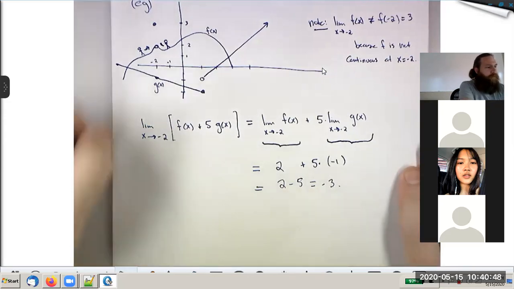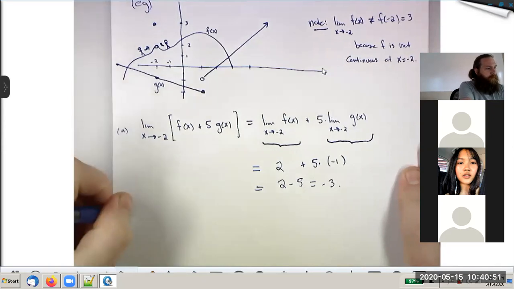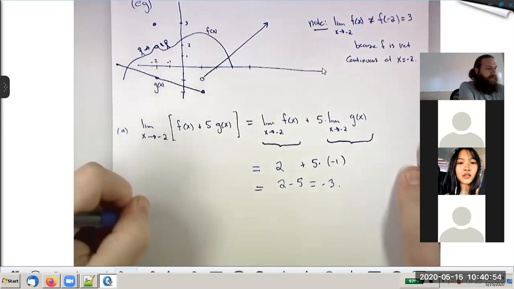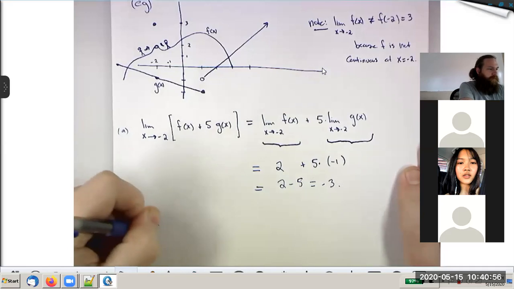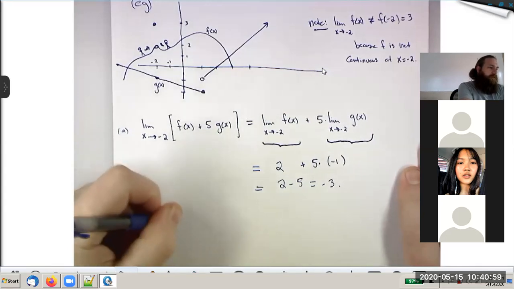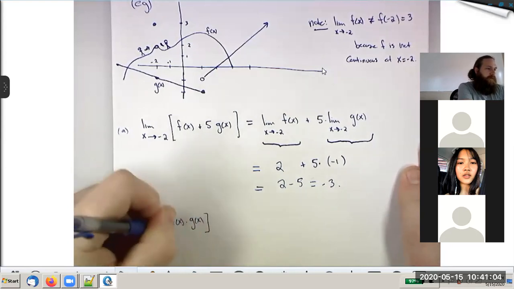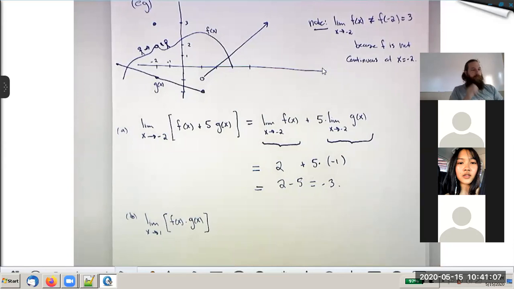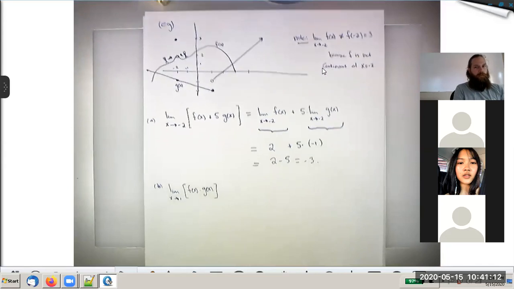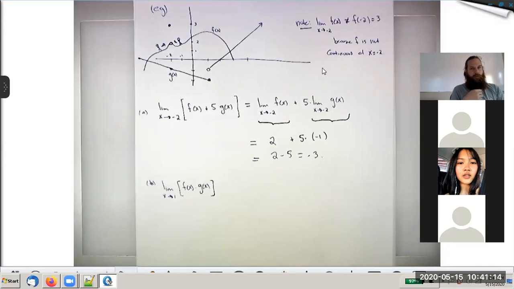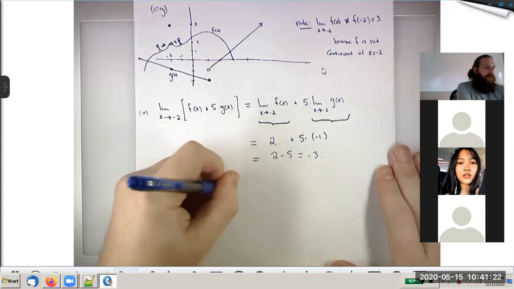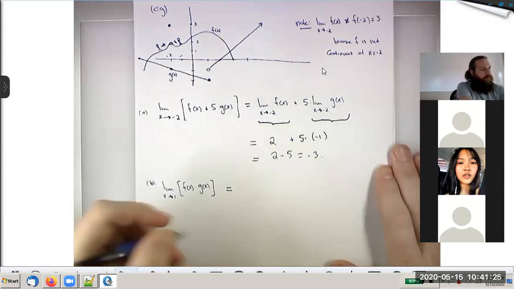So let's look at one more. Let's call this part A, and we'll have a part B down here. And I look at the limit as x approaches 1 of f of x times g of x. My first step is going to be just like we did up here to split the thing up. I don't know what the graph of f times g looks like, but I know what the graph of f looks like. I know what the graph of g looks like.